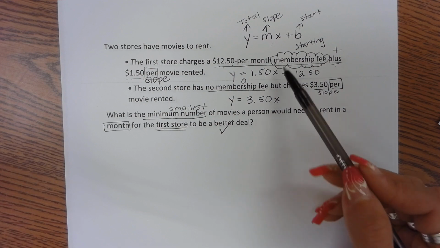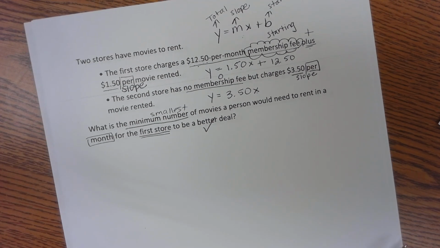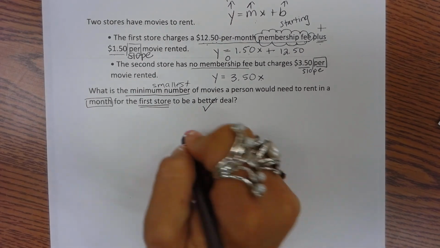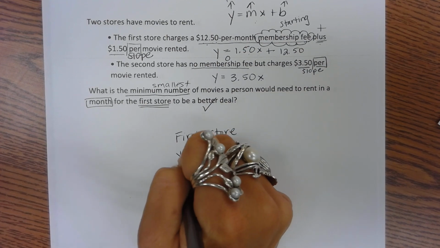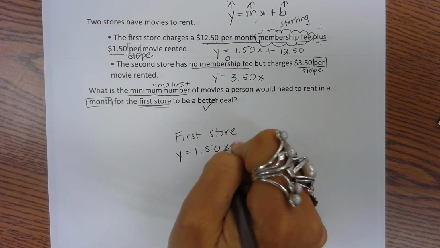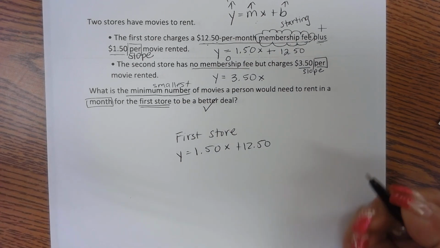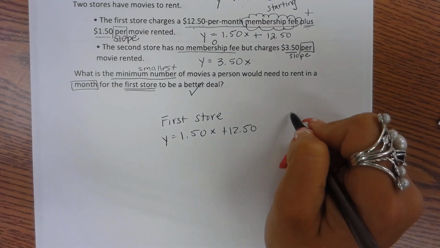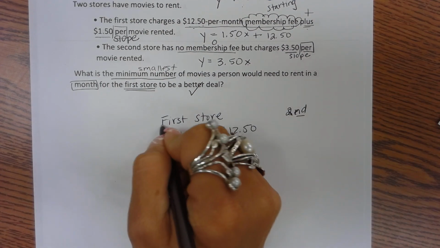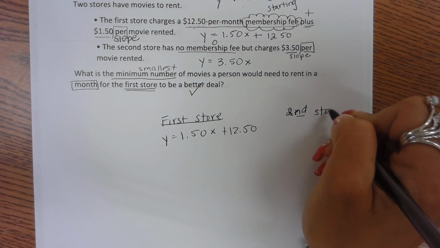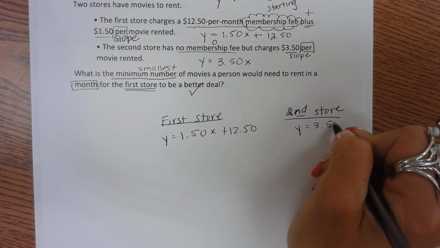So what I like to do here is, since we're comparing these two, I like to set up a table. Our first store is y equals $1.50 per movie plus $12.50 as your membership fee. And your second store is y equals $3.50 per movie.